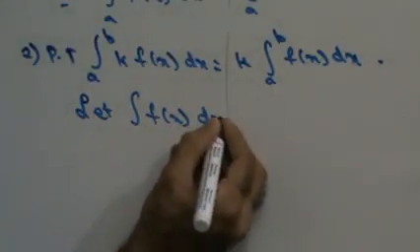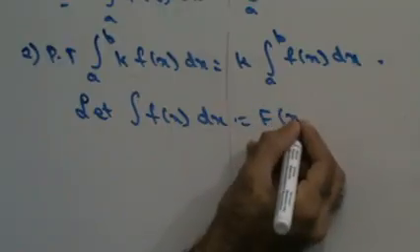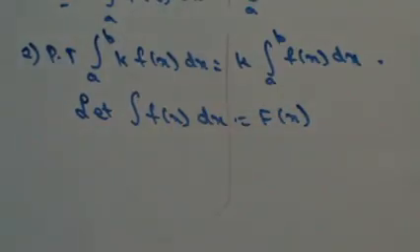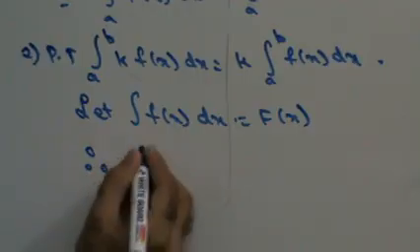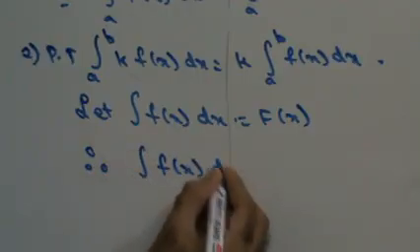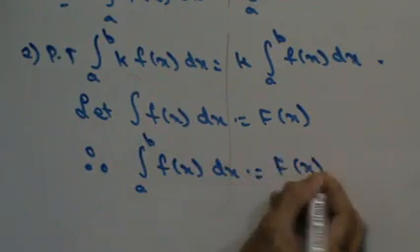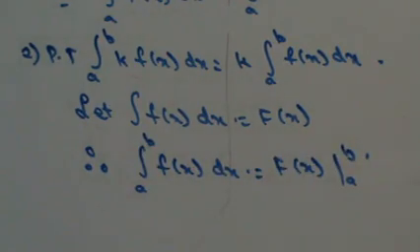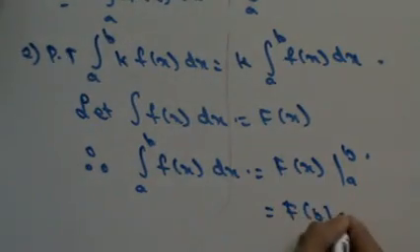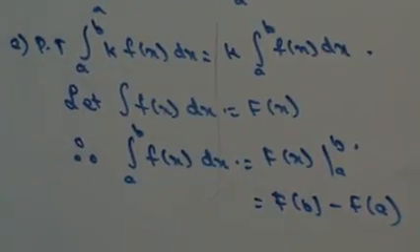Now, first of all, you will say, let us assume that the integral of f of x with respect to x is nothing but capital F of x. Therefore, I can say that the integral of f of x with respect to x from a to b is going to be F of x from a to b, right? Which is nothing but F of b minus F of a, right?